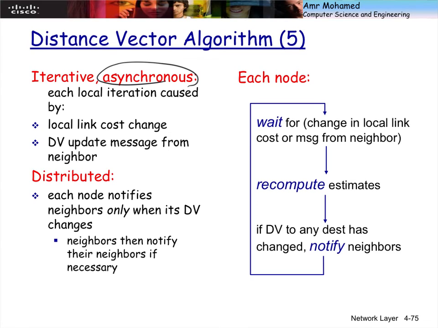Why is asynchronous good? Because guaranteeing synchronization in a decentralized way is always very hard. Why? Because the nodes by default use different clocks and different transmission rates. Okay? So if you have to wait for all the neighboring nodes to give you the vector of distances every time, then you might have to wait for a very long time.